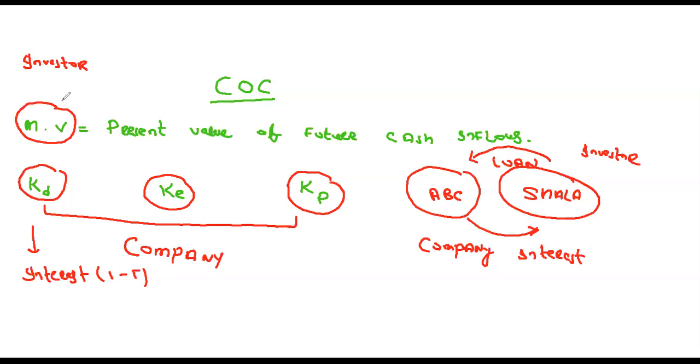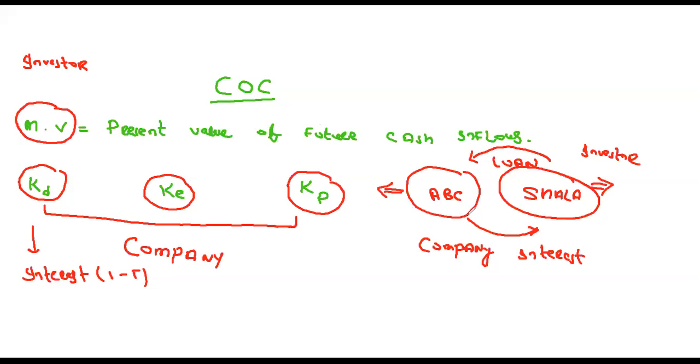What I said, market value is from the investor's point of view. So market value will be calculated with the perspective of Shaila, and cost of debt, cost of equity or cost of preference shares will be calculated with respect to companies. Market value is the present value of future cash inflows, calculated for the investor.